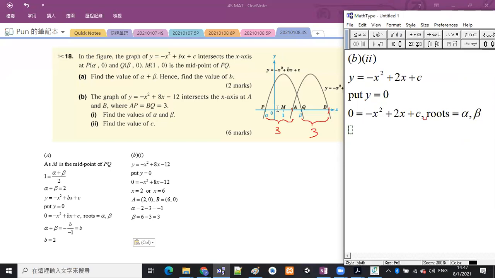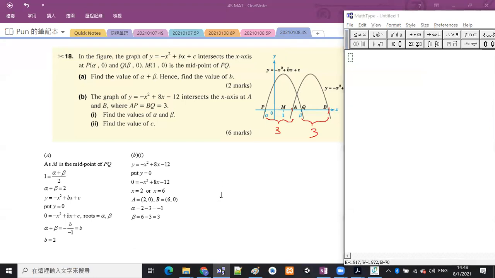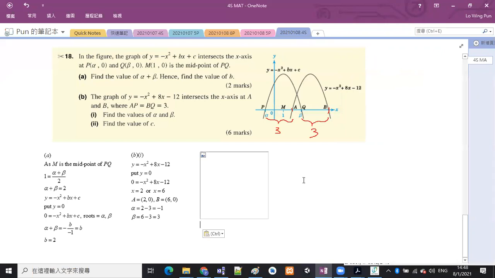And if we consider the product of roots, alpha times beta, that is equal to C over A. But we have already found the values of alpha and beta. So that should be -1 times 3, and that is -C. And then we can find the value of C to be equal to 3 directly. Okay, so that is the answer of part B2. Are there any problems?